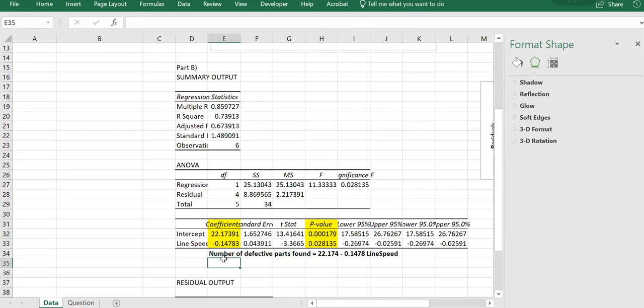So intercept is significant. Why? Because p-value is less than alpha. And alpha is 1%.